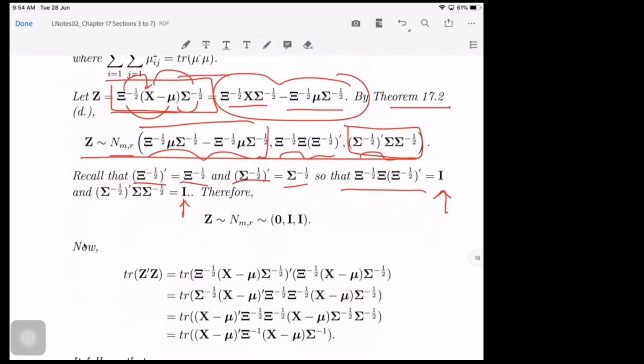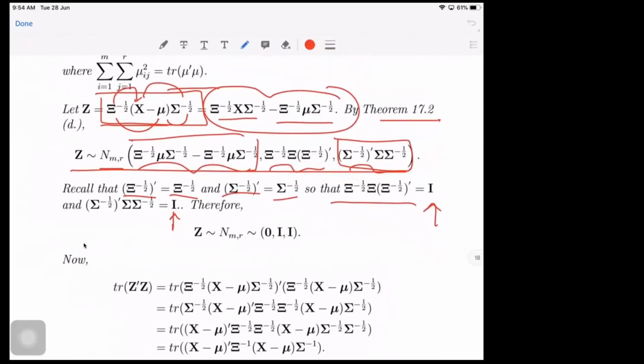So in summary, that one and that one is just the identity matrix. So your Z is 0, I, I. Okay? This is 0 because this is the same as this term. So that is 0.